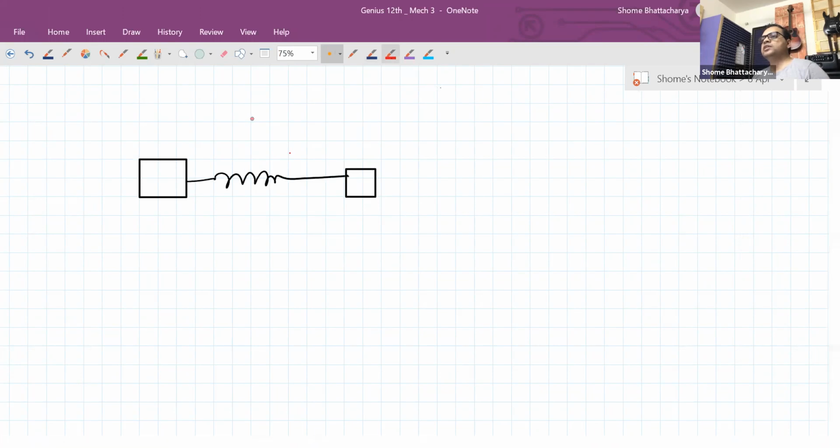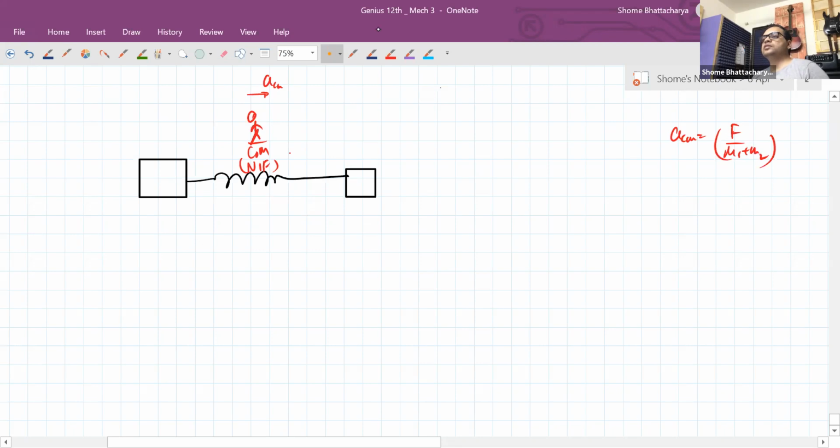So with respect to our center of mass frame, which is a non-inertial frame, traveling with a constant acceleration, which we saw is F upon m1 plus m2 earlier. Okay. So in this frame, if we look at the two blocks, at t equal to 0, they are at rest. Okay. The spring is at natural length.